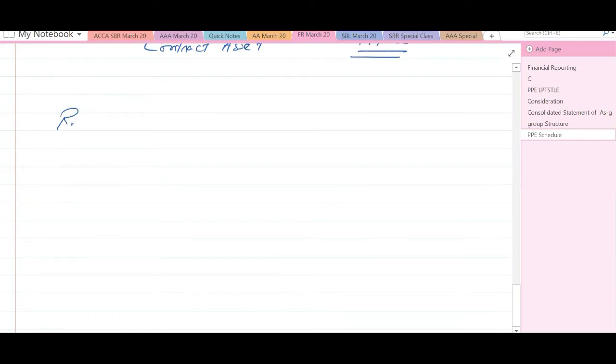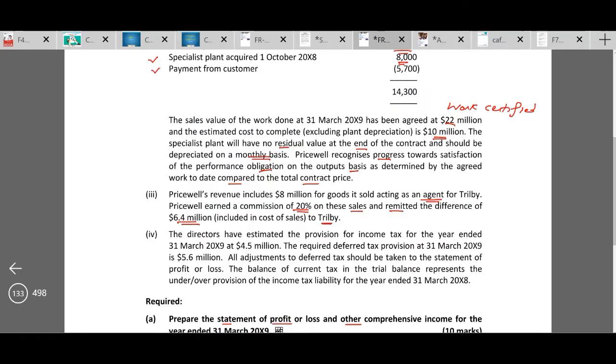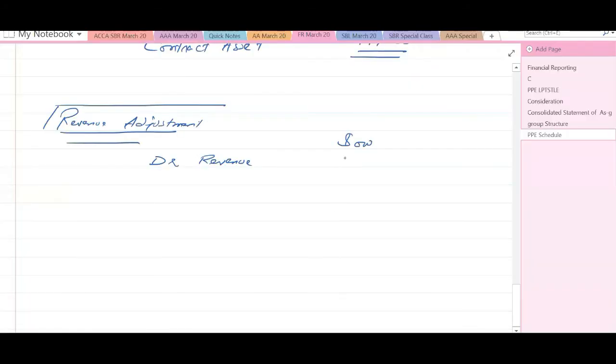So revenue adjustment. They have included this in the revenue. So first of all, we have to de-recognize from the revenue. And what is the amount? 8 million into 20%. That means they have recorded 8,000 in the revenue. It should be de-recognized.